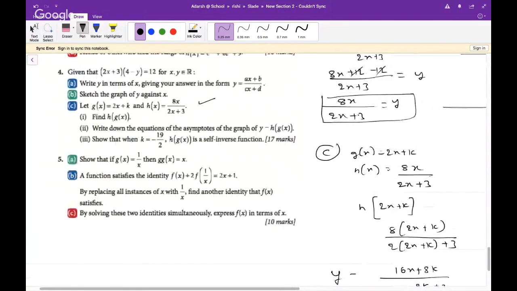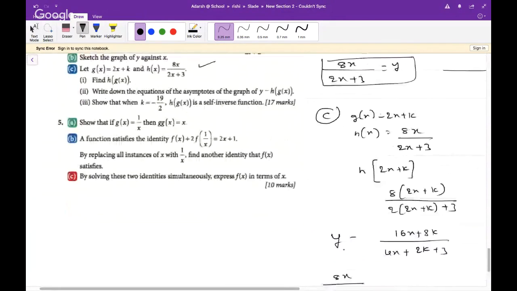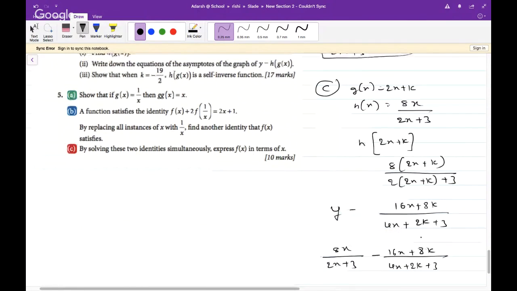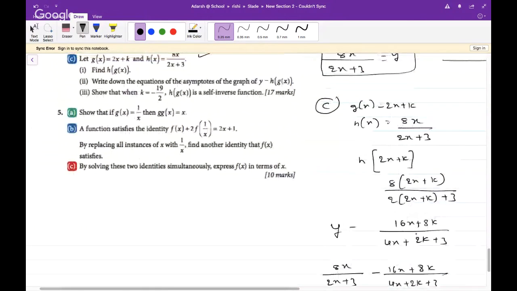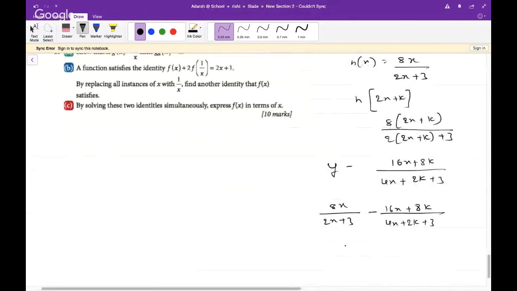So y happens to be 8x divided by 2x plus 3 minus this entire thing. So cross multiply.